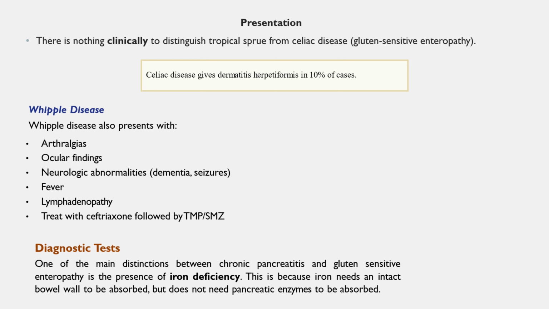This is because iron needs an intact bowel wall to be absorbed, but we do not need pancreatic enzymes. So absorption needs an intact bowel wall, but pancreatic enzymes are not necessary.